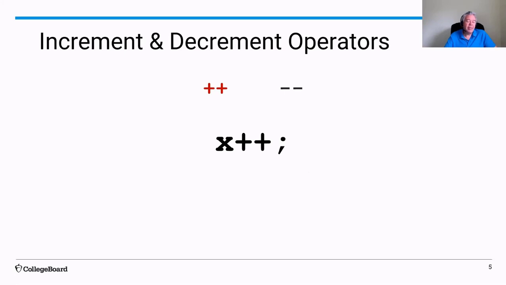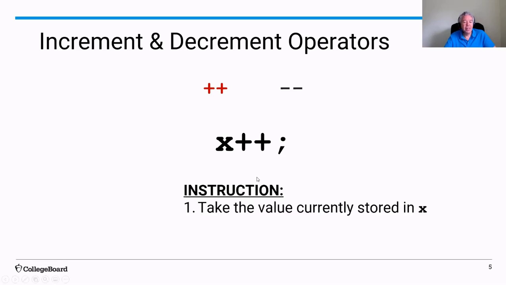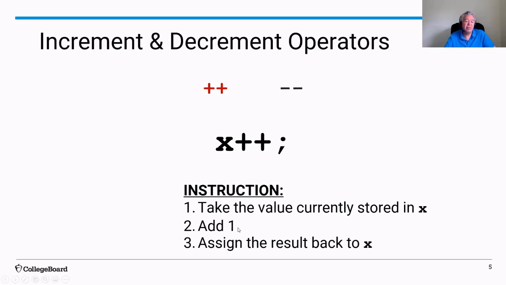The increment operator needs to be attached to a variable because the instruction we're giving says we want to take the value that's currently stored in X, add the value of 1 to it, increment it, and then assign the result back to X. The decrement operator does virtually the same thing, except we're subtracting 1 instead of adding 1. We're still taking the value that's in X, performing the operation where we either add 1 or subtract 1, and then assigning the result back to X, which is where our assignment operator comes from.